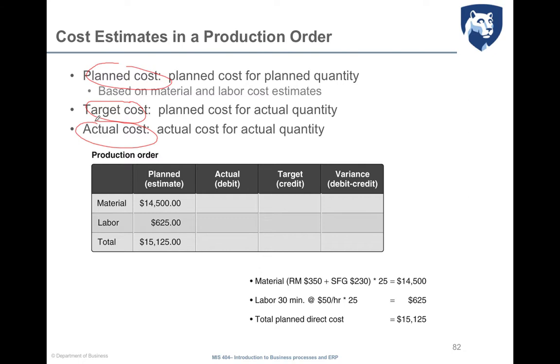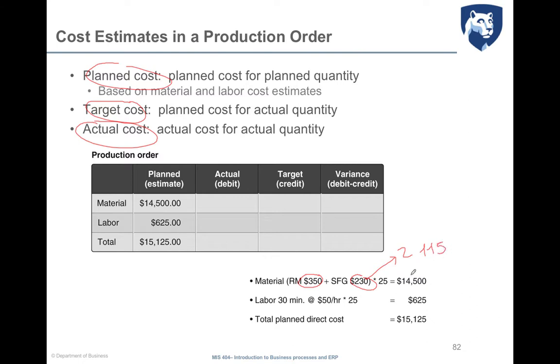Let's see what's happening in our example. In our example, raw materials are expected to cost $350, while wheel assembly is supposed to cost $230. This comes from the fact that we need two wheels per bike, and each wheel costs $150.